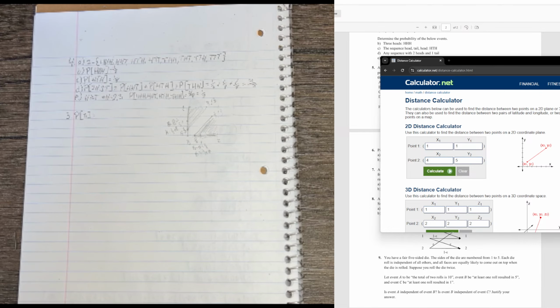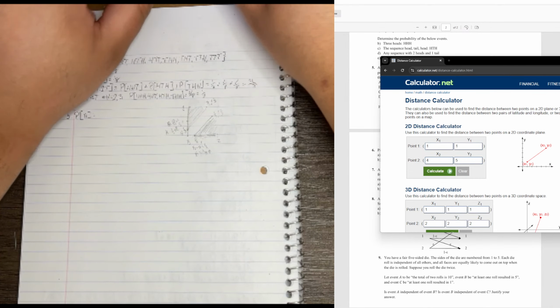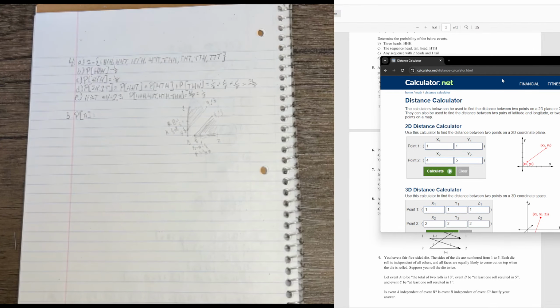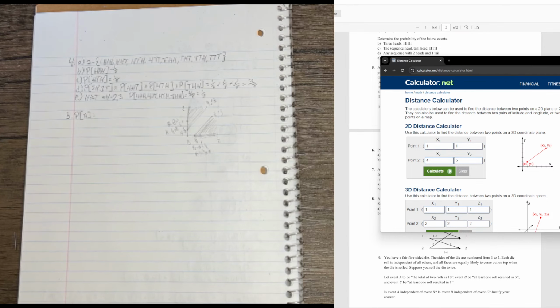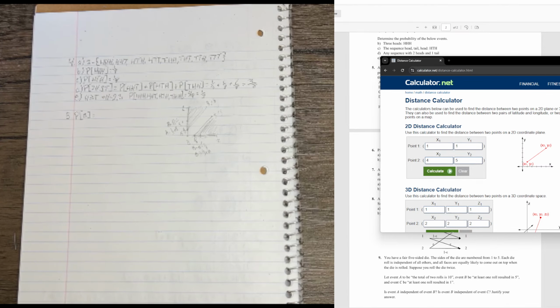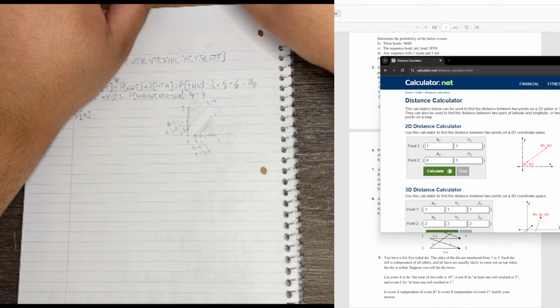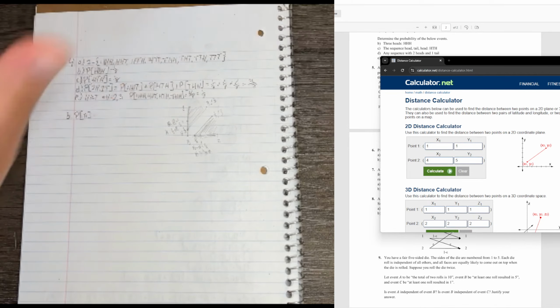What if we first cancel that and we open up the calculator app on Windows? We try to add that on here. Game capture, calculator.